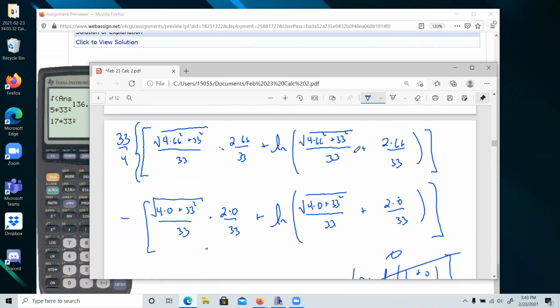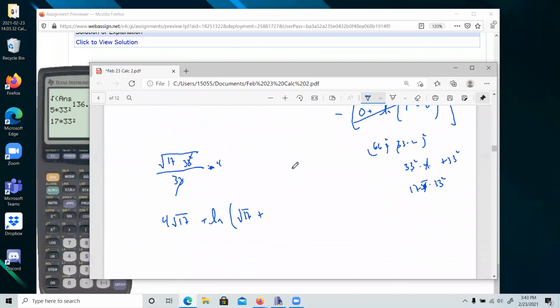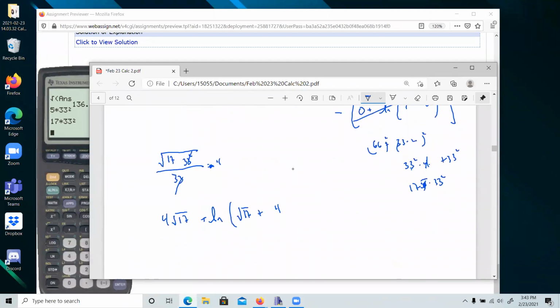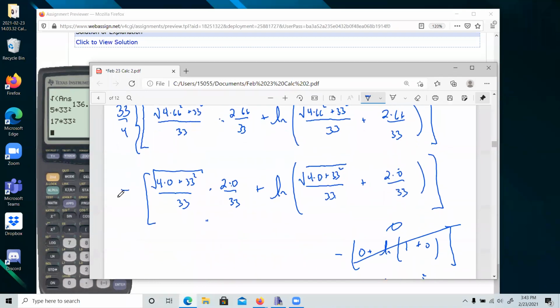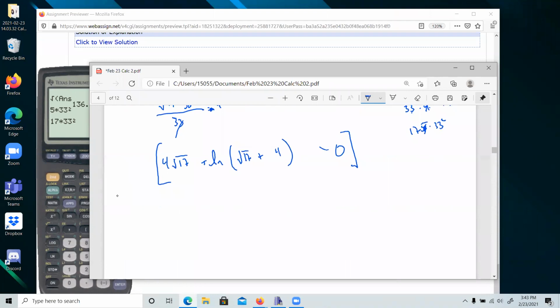plus 4. All right. So there we go. Yeah, minus 0. Oh, by the way, the whole thing is times something at the beginning, right? 33/4. Okay. There we go. This would have been your first guess, if I said just go ahead and take a guess, right?